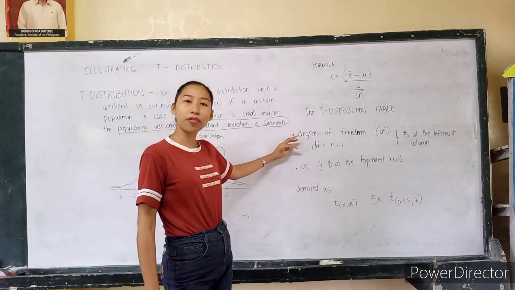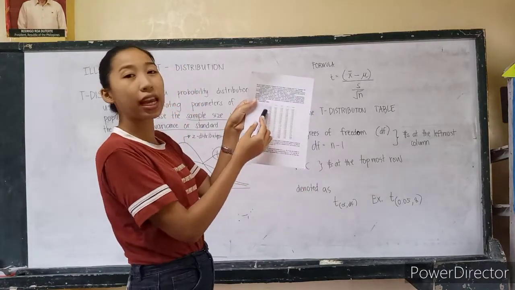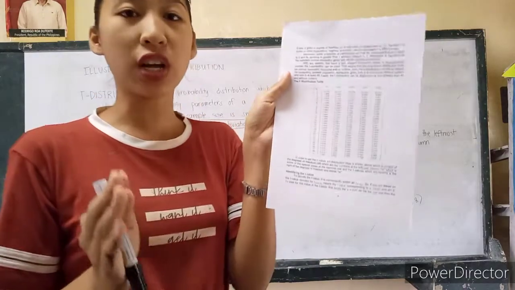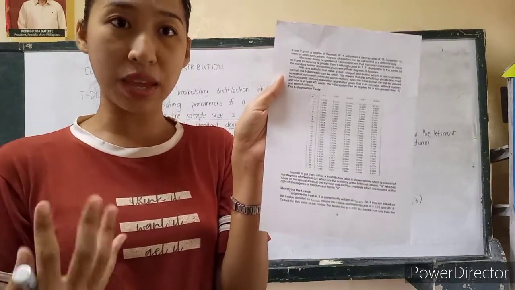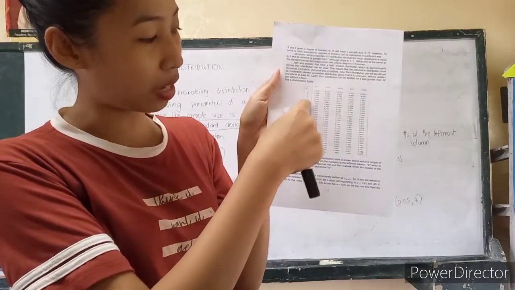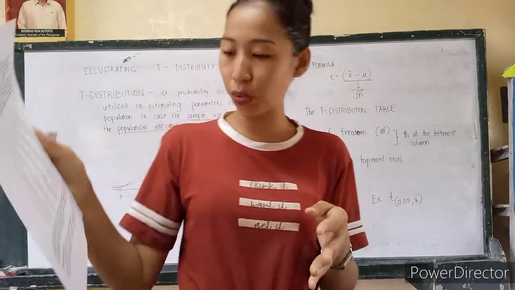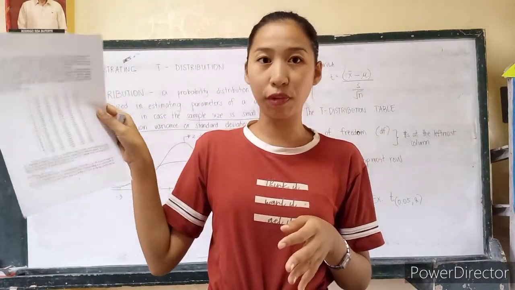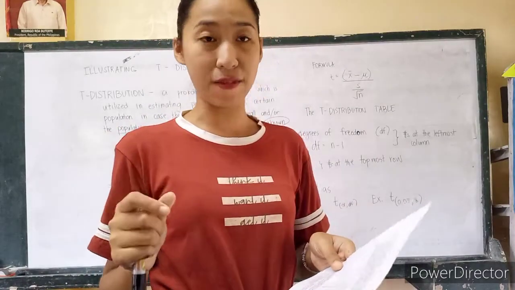This degrees of freedom, or DF, you will see in the first column, the leftmost column of your table. It runs from 1 to 28, using your module page number 4.